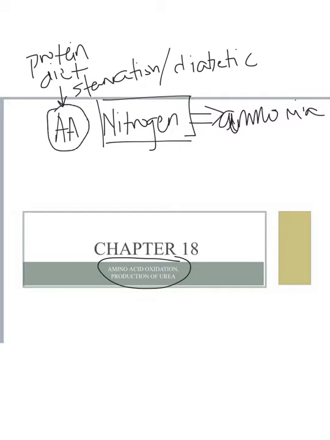And then this chapter is all about how we process specifically the nitrogen in those amino acids and excrete it out of our cells. And predominantly, the things that we are talking about in this chapter are taking place in the liver. So we'll talk about how we do that as we go through this chapter.